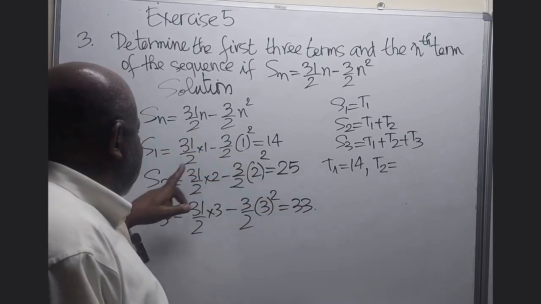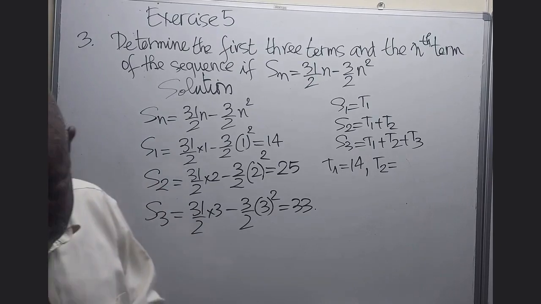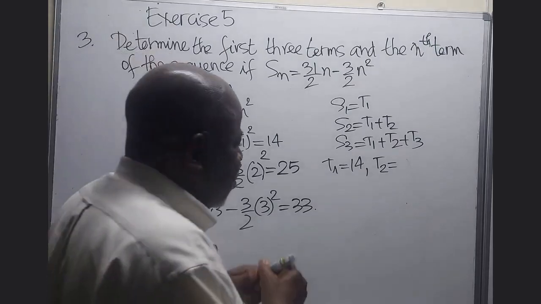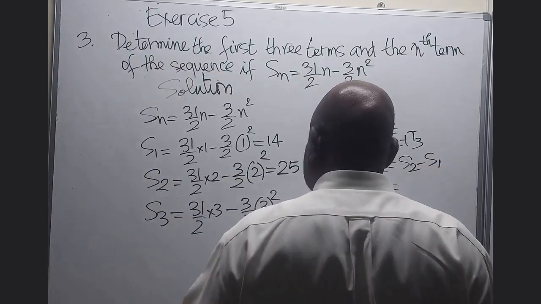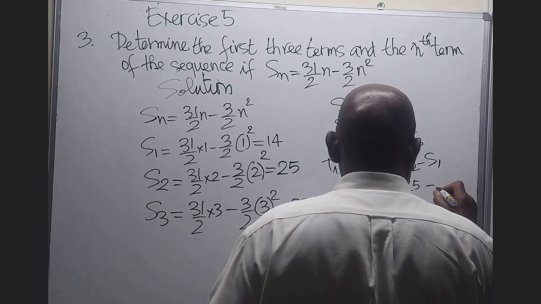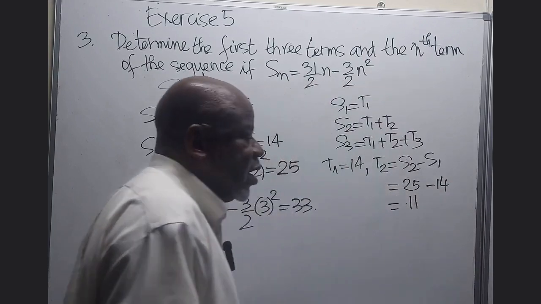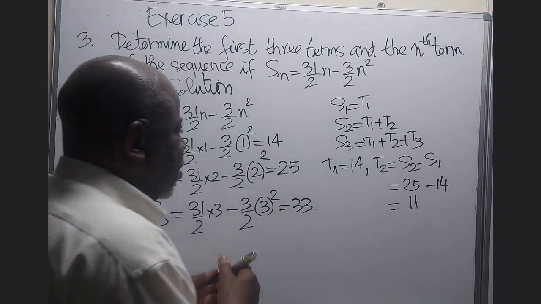T1 is 14 and S2 is 25, so 14 plus 11 gives 25. T2 will be equal to S2 minus S1 if we want to use the calculator. So it will be 25 minus 14. Then we get 11. So T2 is 11.